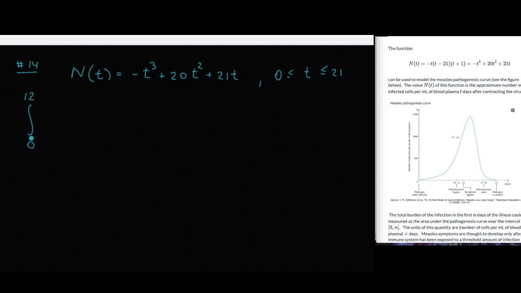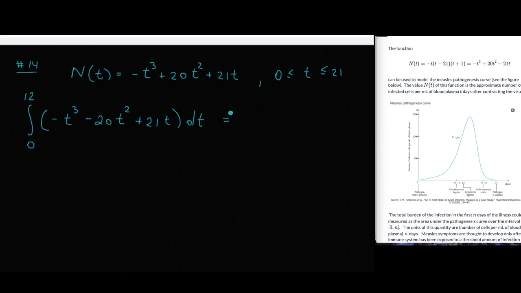The reason we're integrating from 0 to 12 is because we're told that the symptoms usually appear after 12 days, and so the total burden experienced in the first 12 days is what is needed to experience symptoms. And we integrate our function, negative t cubed plus 20t squared plus 21t dt over the interval from 0 to 12.